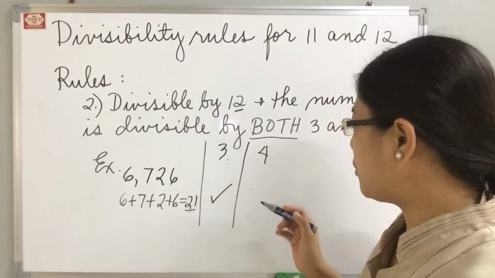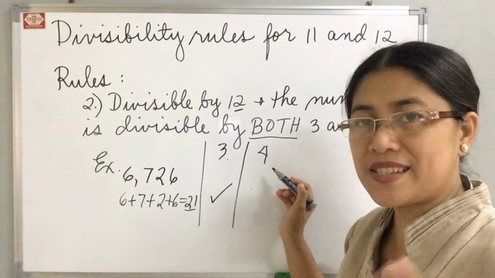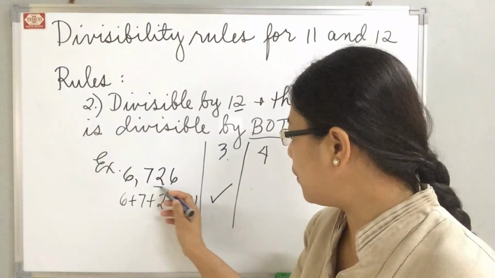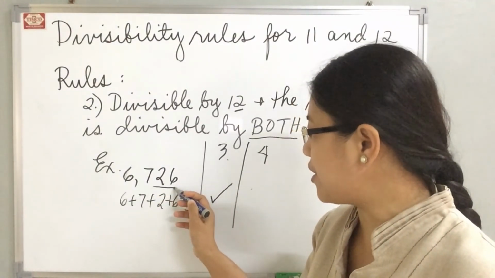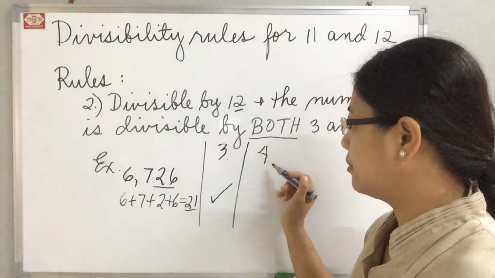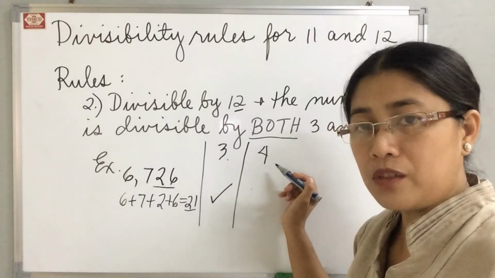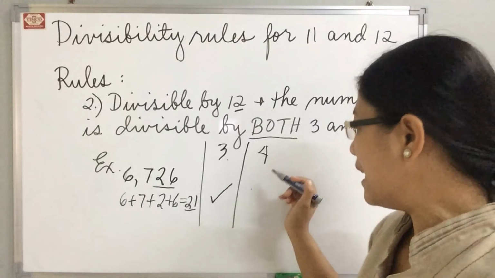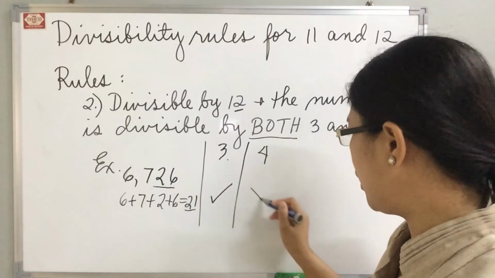Okay? Now, let's go to number 4. Let's get the last 2 digits. So, is the number formed by the last 2 digits here, which is 26, divisible by 4? So, you solve 26 divided by 4. Okay? It's not divisible by 4.